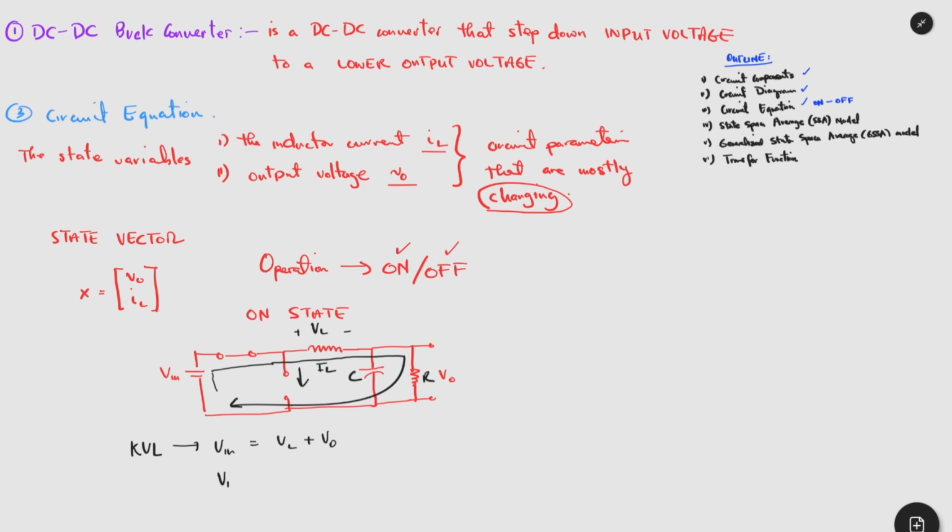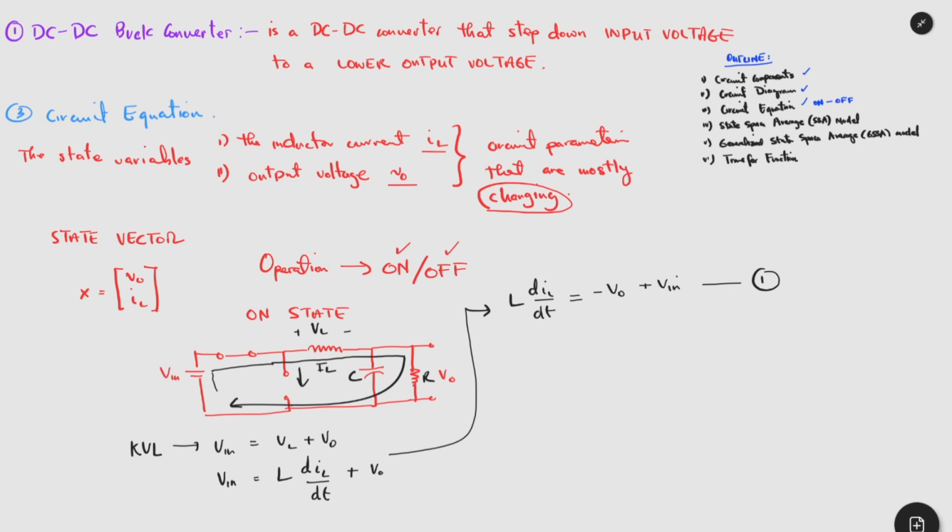So Vin is equal to L, the value of the inductor, times dIL over dt, plus V0, which is the output. We can transpose this formula such that L dIL over dt is equivalent to minus V0 plus Vin. This becomes our equation number 1 through the Kirchhoff voltage law.